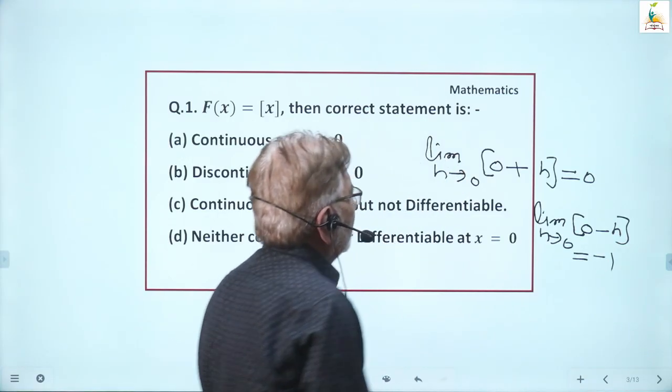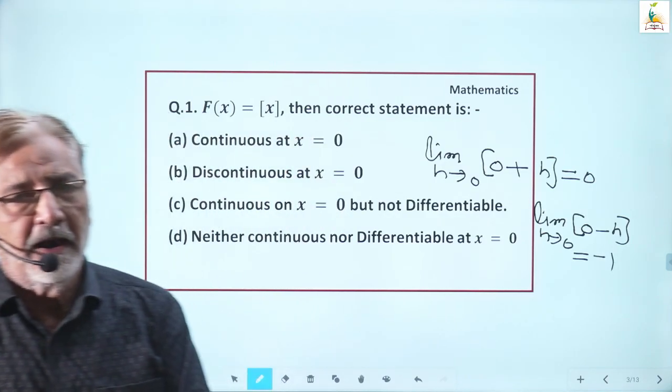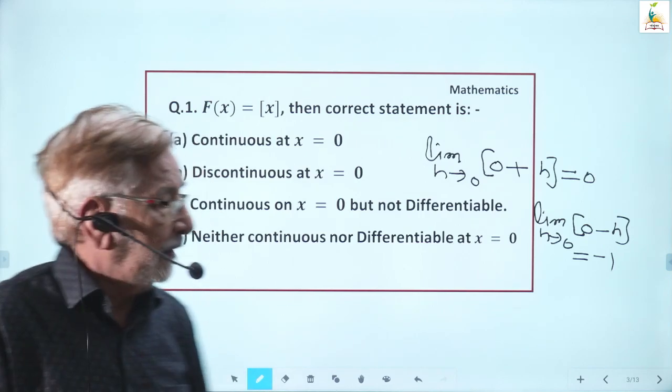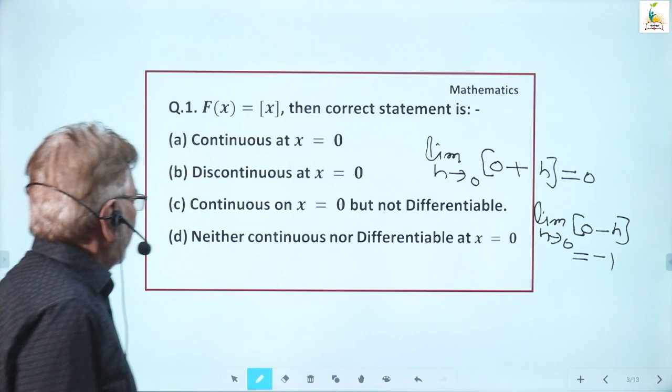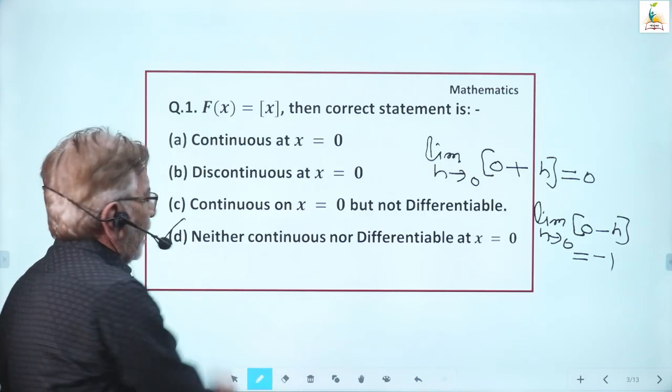Left limit is not equal to right limit, so the function is not continuous at x equal to 0. If it is not continuous at x equal to 0, then, as I told you, it shall not be differentiable. So the answer is neither continuous nor differentiable at x equal to 0.